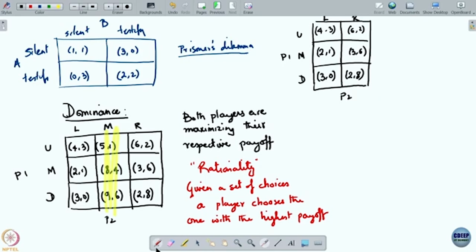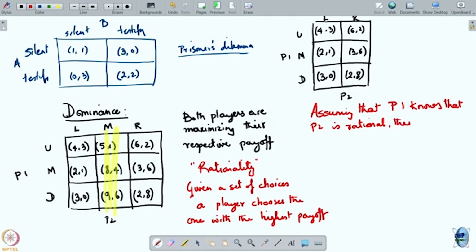Okay. So, now assuming that player 1 knows that player 2 is rational, then player 1 can also eliminate M from player 2's strategies.